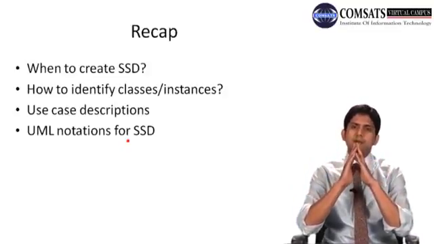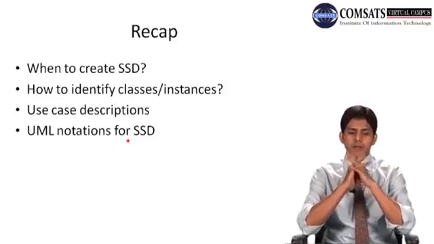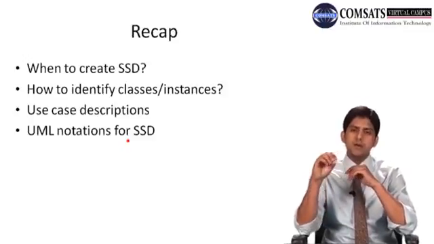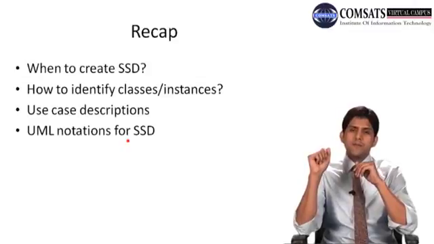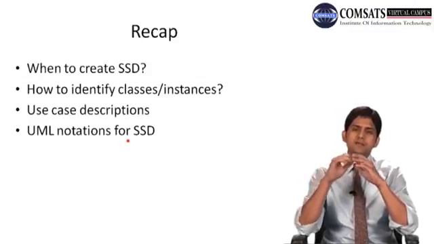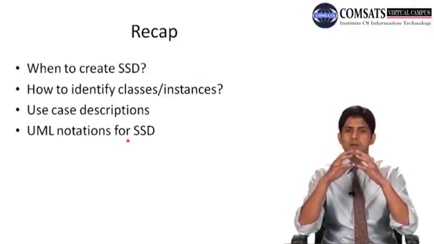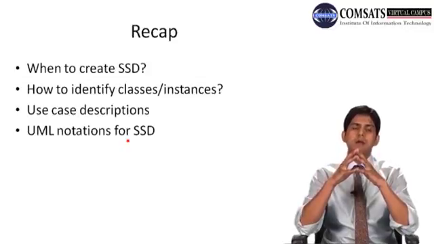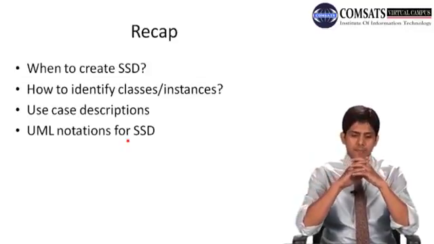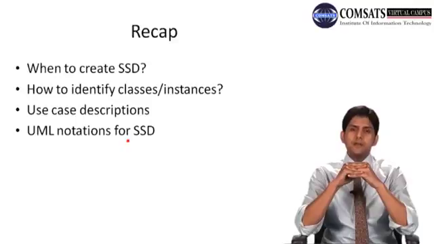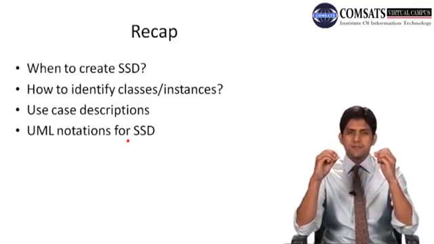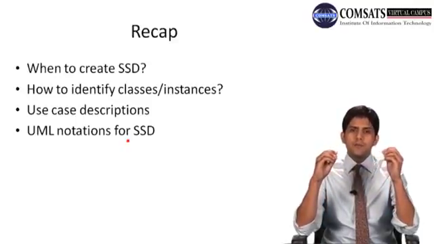Then the second question comes: how do we identify classes or instances? We did a similar exercise when we did our lecture on requirement engineering, and we were discussing class diagrams briefly, and we saw that there are different ways of identifying classes. One way that we discussed is through grammatical parse.